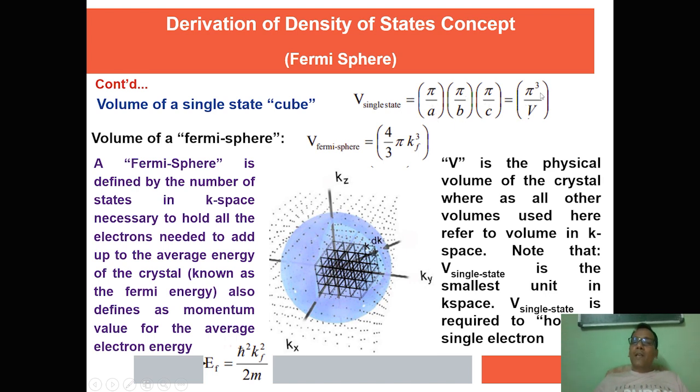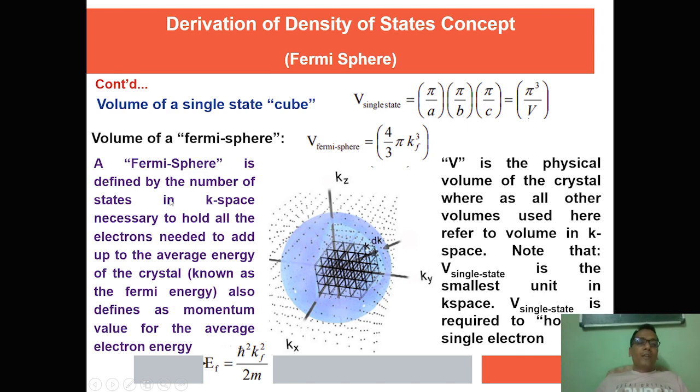That is equivalent to pi cubed over V, where abc is equal to V, the physical volume of the crystal, whereas all other volumes used here refer to volume in k-space. Note that V single state is the smallest unit in this k-space, and V single state is required to hold a single electron.